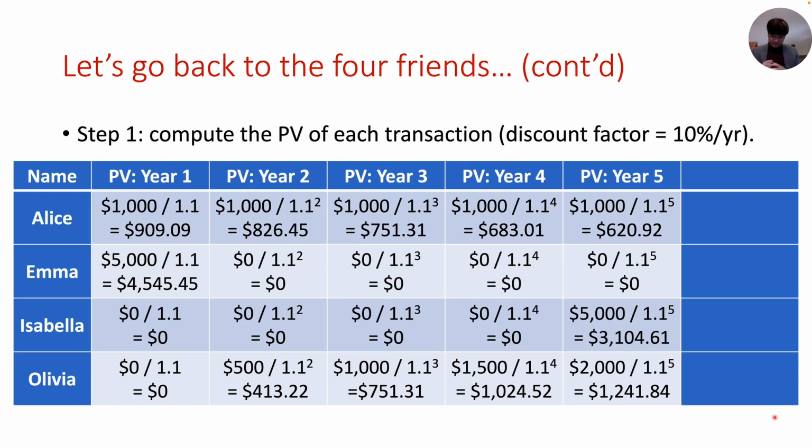Then let's do this. First, compute the PV of each transaction. For simplicity, assume that the discount factor is 10% per year. The table looks so complicated, but when you carefully look at it, you can find that each cell is just simple math. For the first year, all transactions are discounted only once, so they are divided by 1.1 only once.